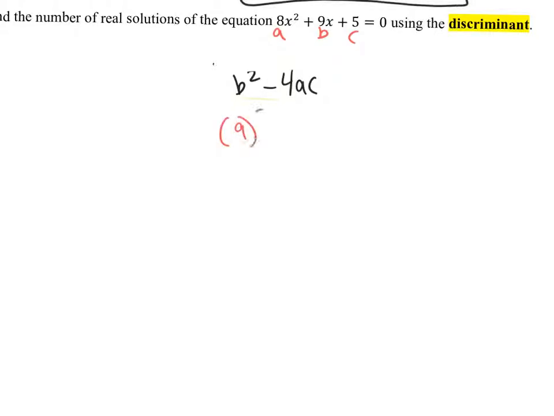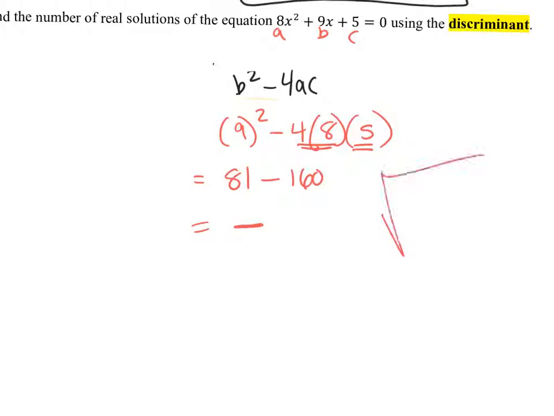B is 9. So 9 squared minus 4 times a, which is 8, times c, which is 5, gives you 81 minus 32 times 5, which is 160. And 81 minus 160 is going to give you a negative number. That means the inside of the square root is negative, and you can't do that. So that means you have no solution.